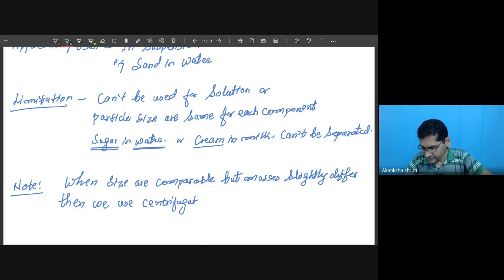Centrifugation. So this is important that you have to keep in mind.